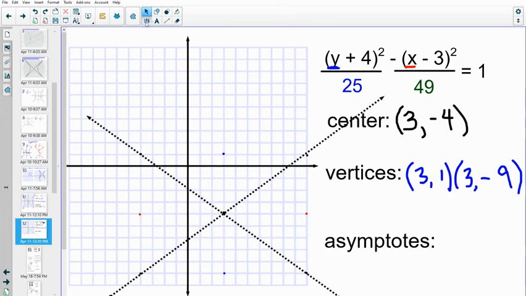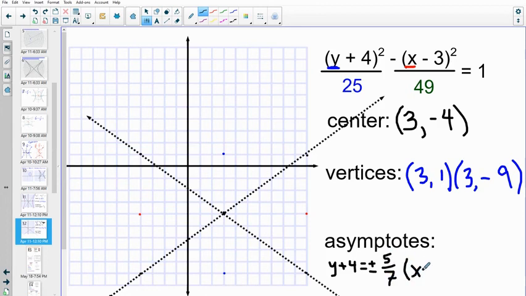I suppose I should write down the equation for those asymptotes. Again, y minus the y value of my center. My center's at negative 4, so y minus negative 4 equals, I've got both a positive and a negative slope. Let's see, we're going up by 5 and over by 7, so my slope is either positive or negative 5/7.